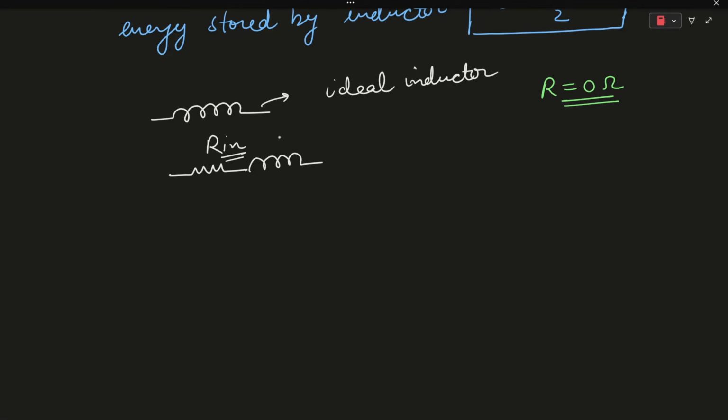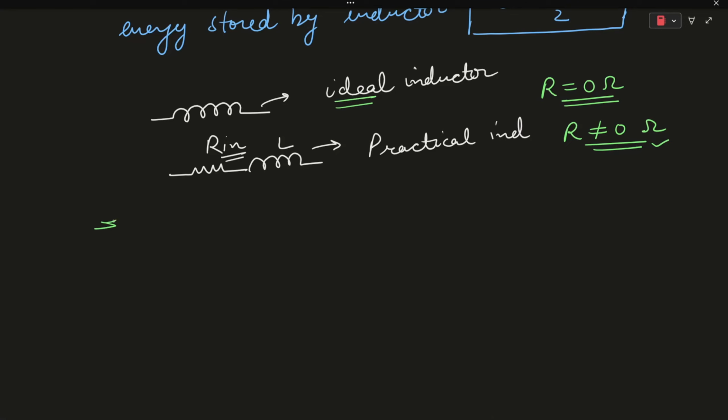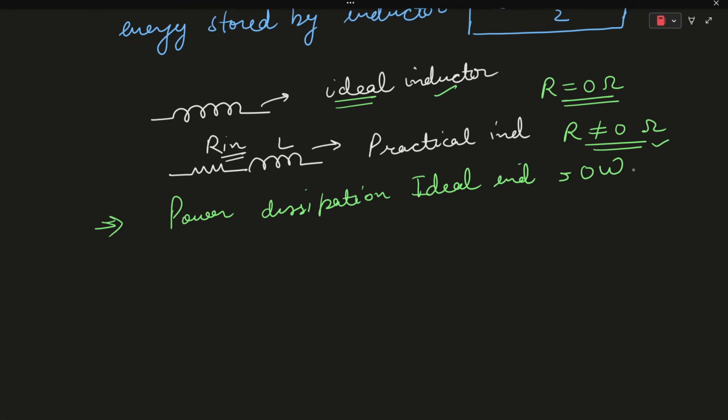So this is the internal resistance, and this is the value of the inductance L. This is your practical inductor. For an ideal inductor, the energy dissipation, or power dissipation, is 0 watts.